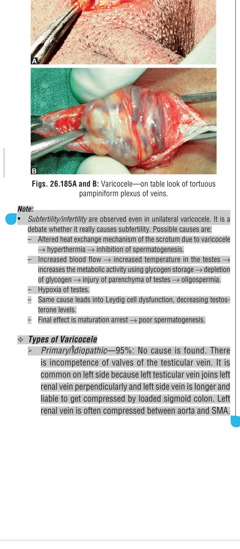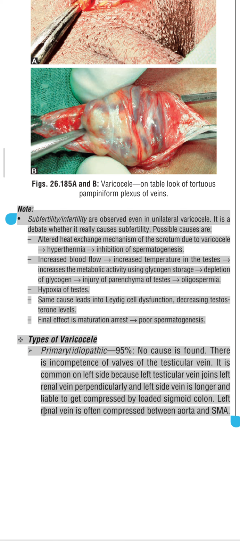Types of varicocele. Primary, idiopathic, 95 percent, no causes found. There is incompetence of valves of the testicular vein. It is common on the left side because the left testicular vein joins the left renal vein perpendicularly, and the left side vein is longer and liable to get compressed by a loaded sigmoid colon.